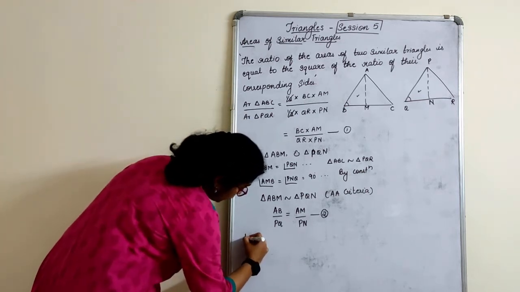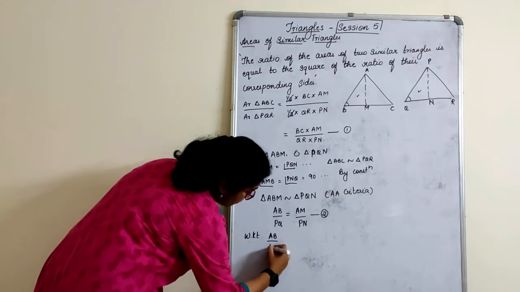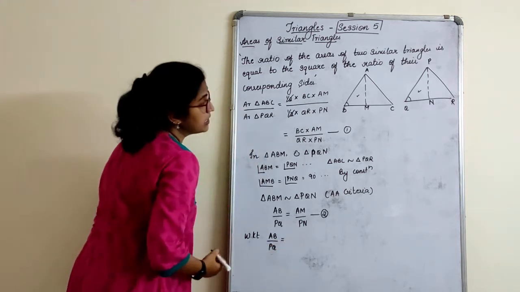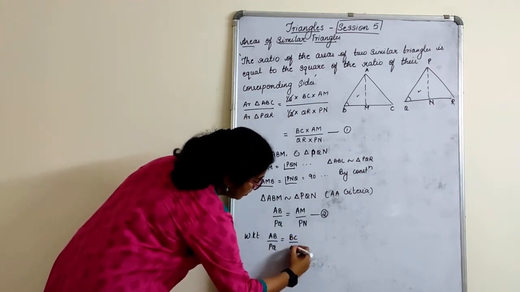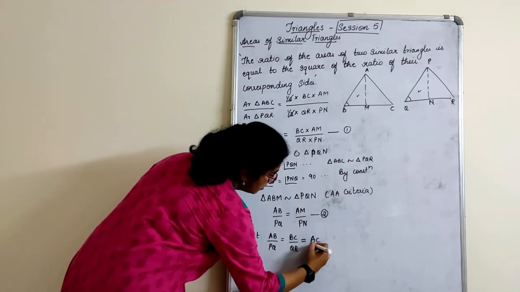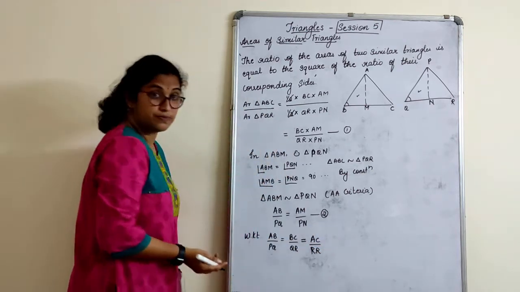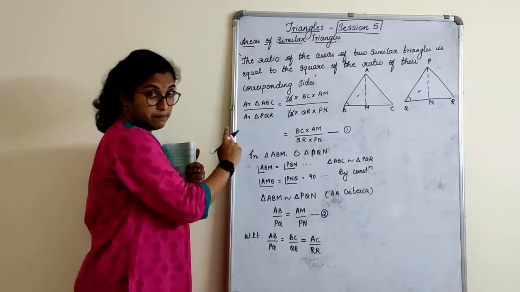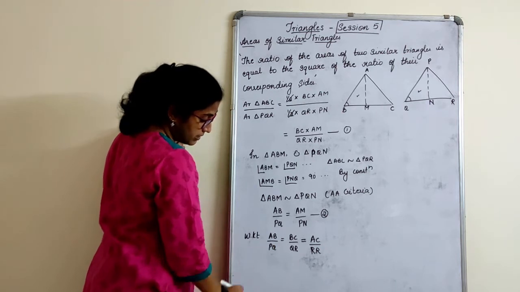But we know that AB upon PQ is equal to BC upon QR is equal to AC upon PR. This was in the given part from the similarity of triangles.